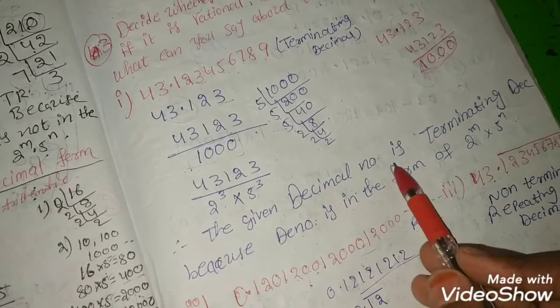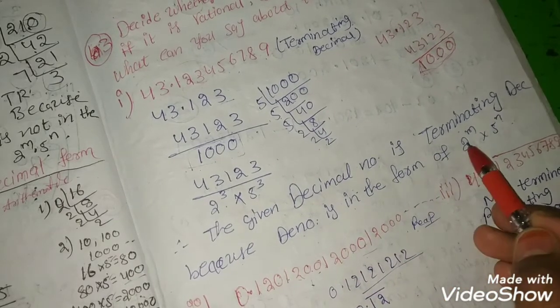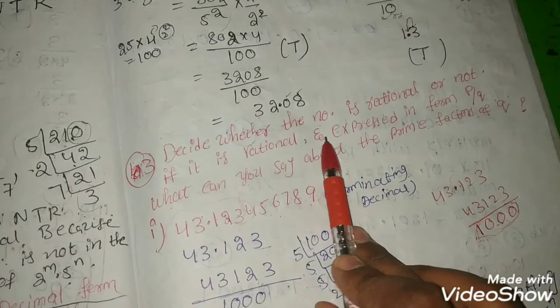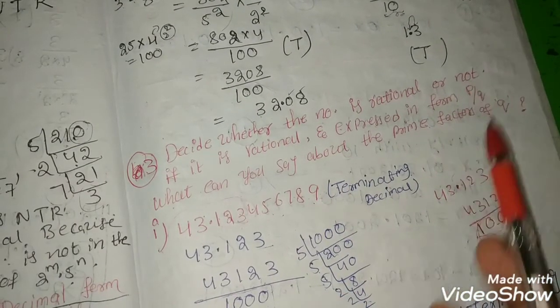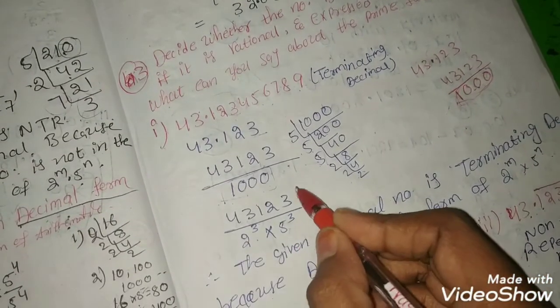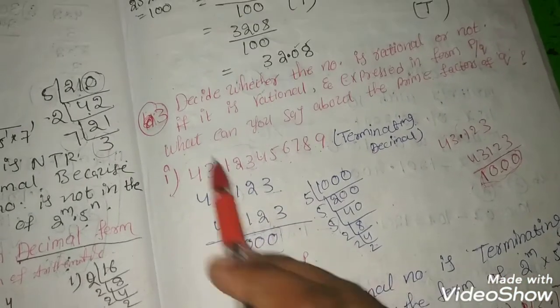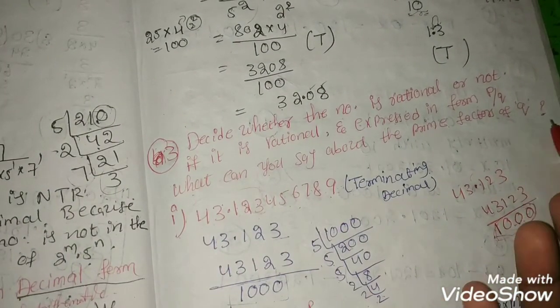So the given decimal number is a terminating decimal because the denominator is in the form of 2 power m into 5 power n. See here in this question, what he is asking: express in the form of p by q. So we expressed it in the form of p by q. This is p, this is q. And again he is asking, what can you say about the prime factors of q?